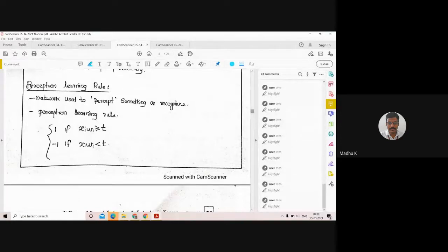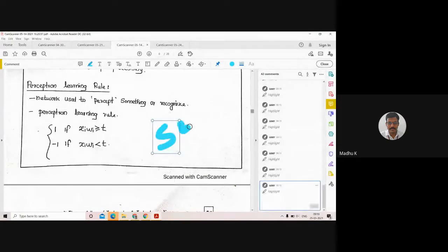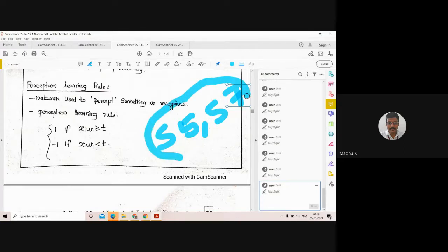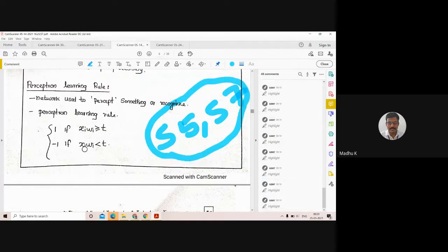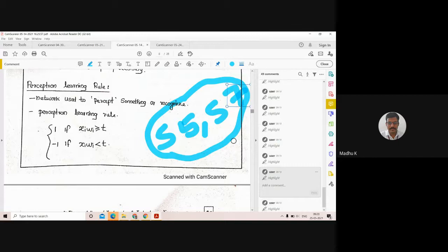I studied it in S5 and S7, the same topic in two semesters. There is a network architecture, and we want to study how learning is performed. So please use the same notes. I'm not discussing it again. That is perceptron and perceptron learning rule.